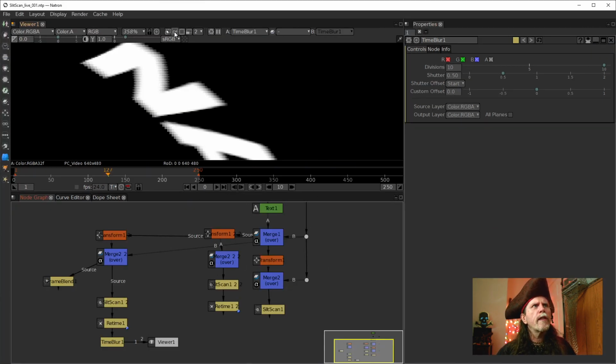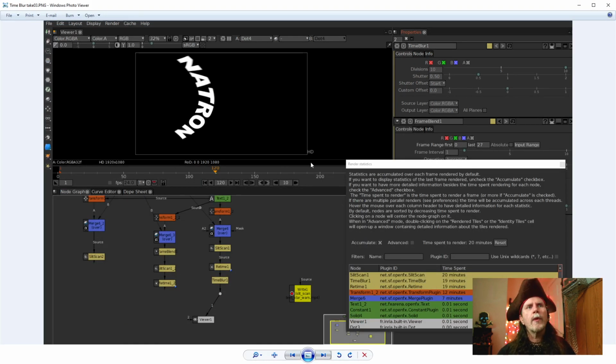If we scroll over that button, it says, when checked, the viewer will render the image in its entirety and not just a visible portion. All right. What that means is basically, instead of rendering just what we see in the viewer, it will render everything. So if we had this set to 100% scale, it would render everything at 100%. All right. So I'm going to minimize that so we get back to this.